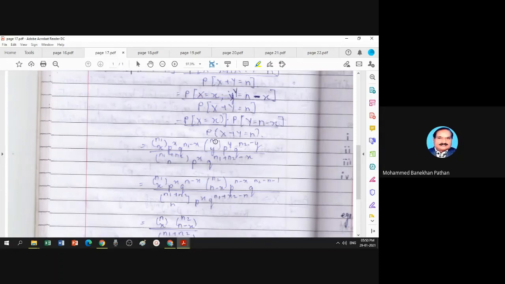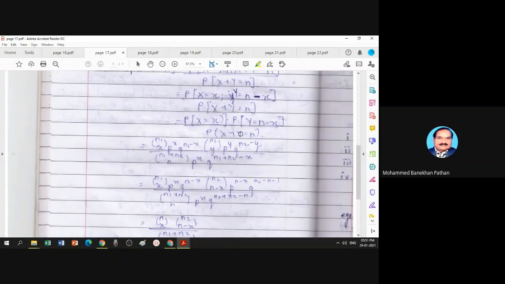How? n2 choose n minus x, that I replace Y. You can say n minus x. p raised to y, that means n minus x. q raised to n2 minus y, that means n2 minus n plus x. That we'll see in the next step.